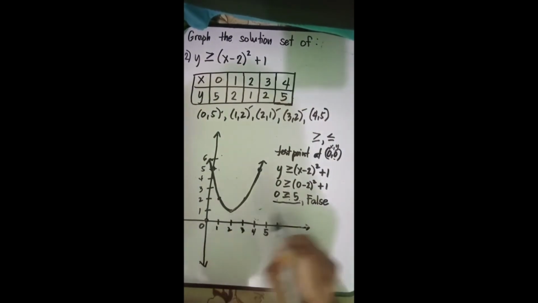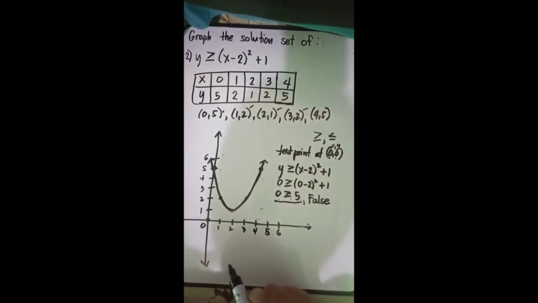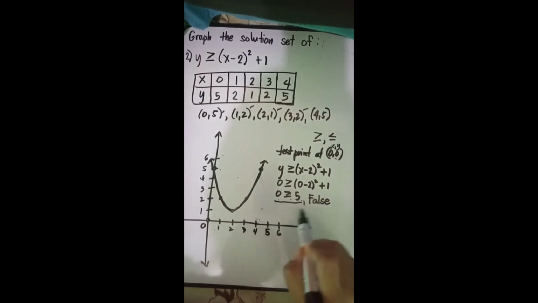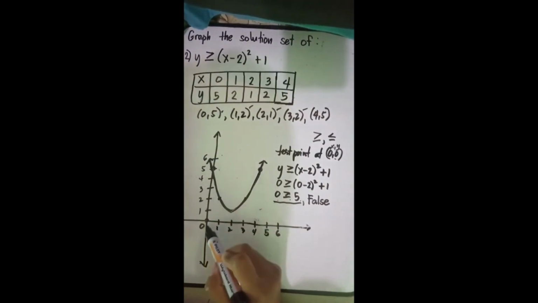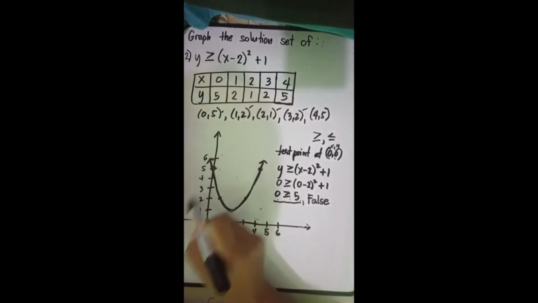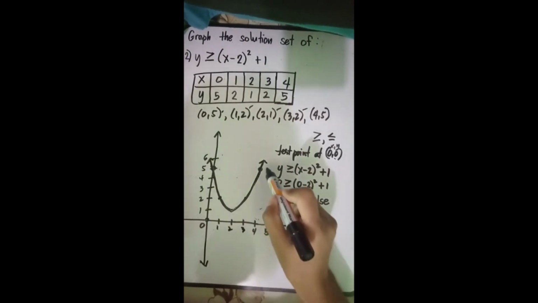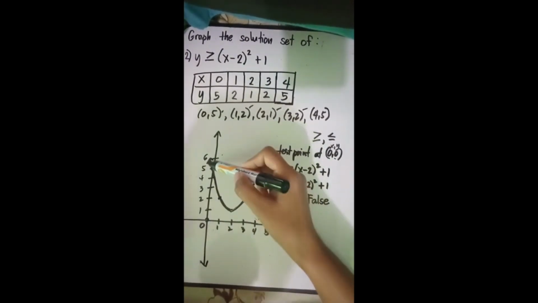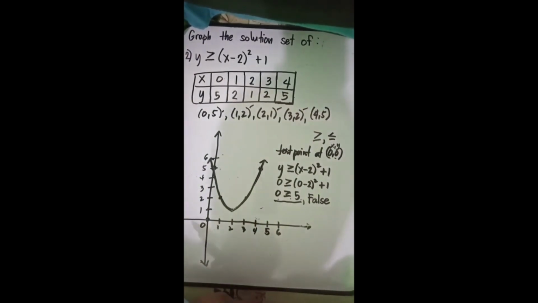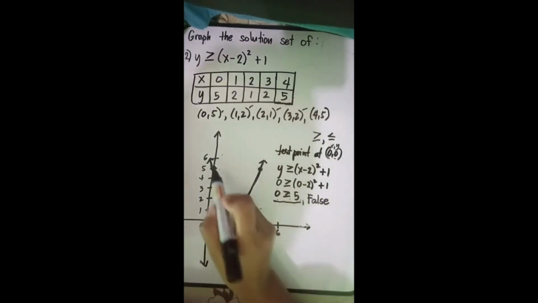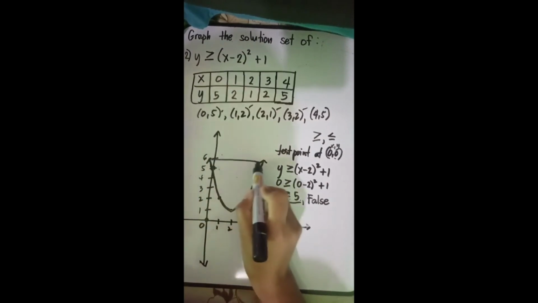Since false, yung lumabas na quadratic inequality statement, ibig sabihin, any other points that would represent the exterior of our parabola, lahat ng mga to, nasa labas ng parabola natin, are not part of the solution set. Since false yan, ibig sabihin, ito ang shaded part natin.